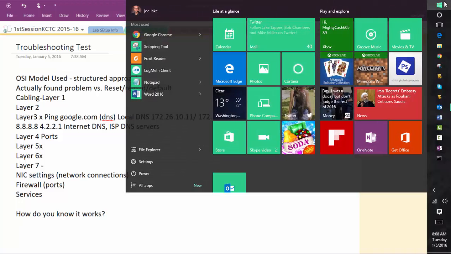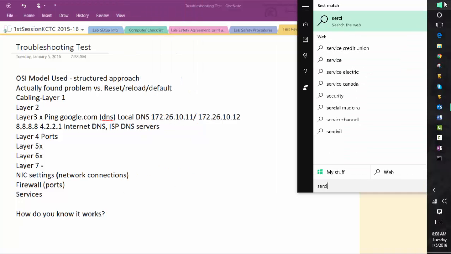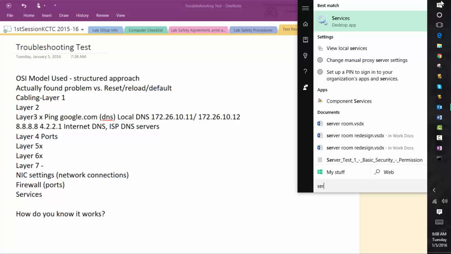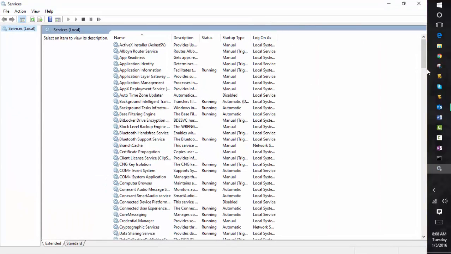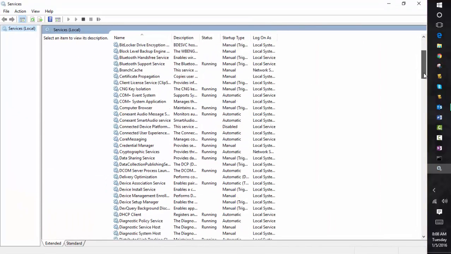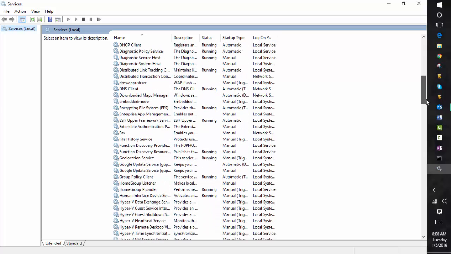Most people don't know about services when they come into my class. Did you guys have a chance to look these over a little bit? So, that one right there, do you think that one is kind of an important one? DHCP client? Go like this if you think DHCP client is an important one.